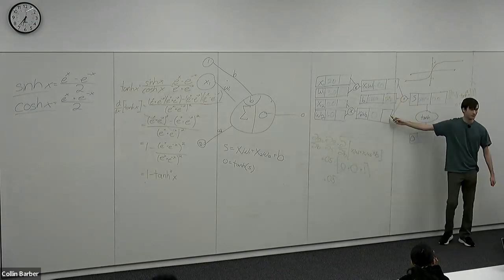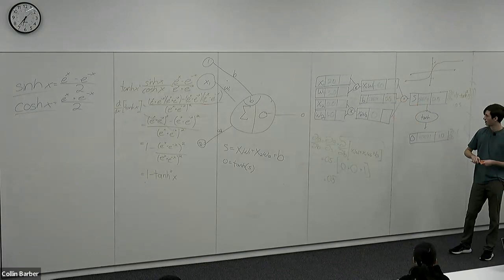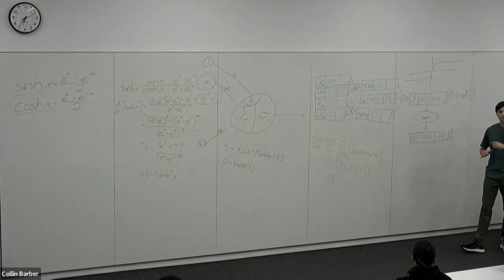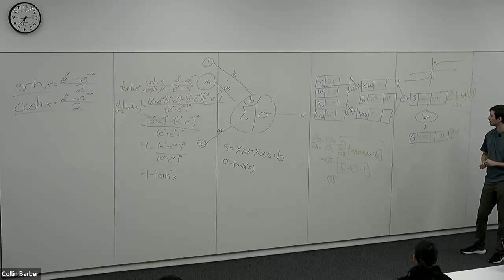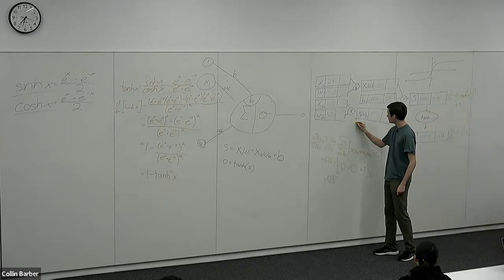What's this term? 0. Why is it 0? Because you're basically doing the derivative of O with respect to B, but there is no B, so you're just treating it as a constant. This is actually the partial derivative of O with respect to this x2 w2 term.